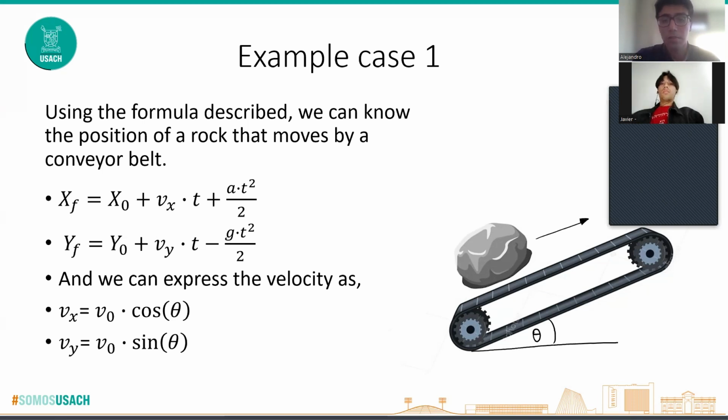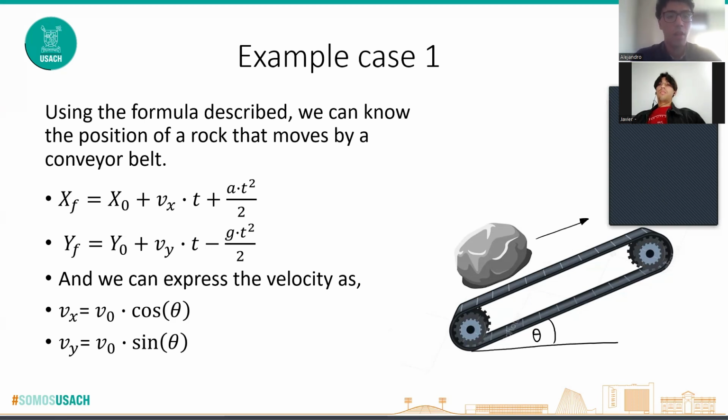And for the second, we have the y final position equal to the y initial position plus the velocity on the y-axis times time minus the gravity times time squared divided by 2. We have the difference right here in the other expression: the minus gravity is equal to the gravity in the y-axis.